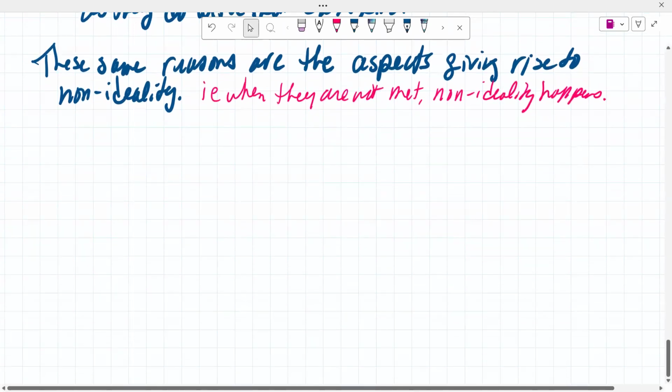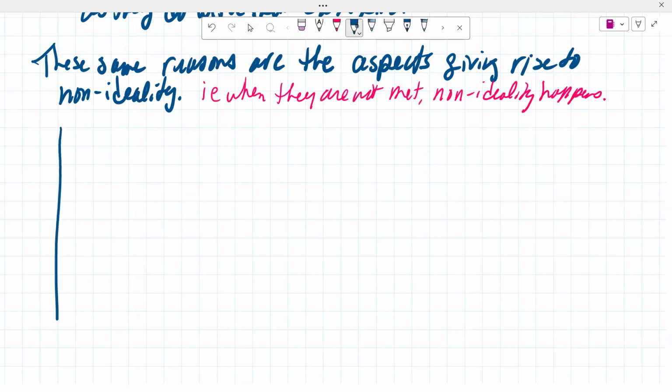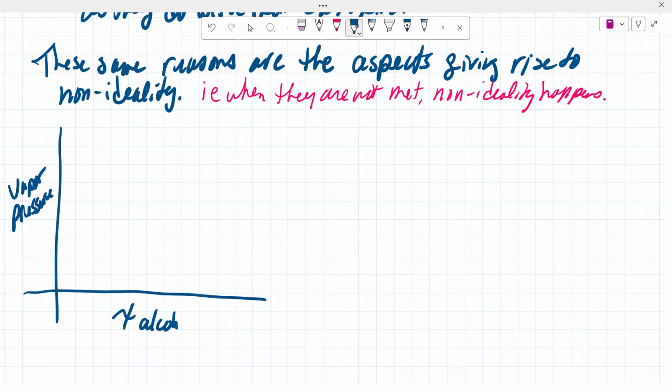All right, time for a graph. And let's take a look at what it means. So here we're going to have the vapor pressure versus fraction of alcohol from 0 to 1. We're going to be looking at alcohols in water.